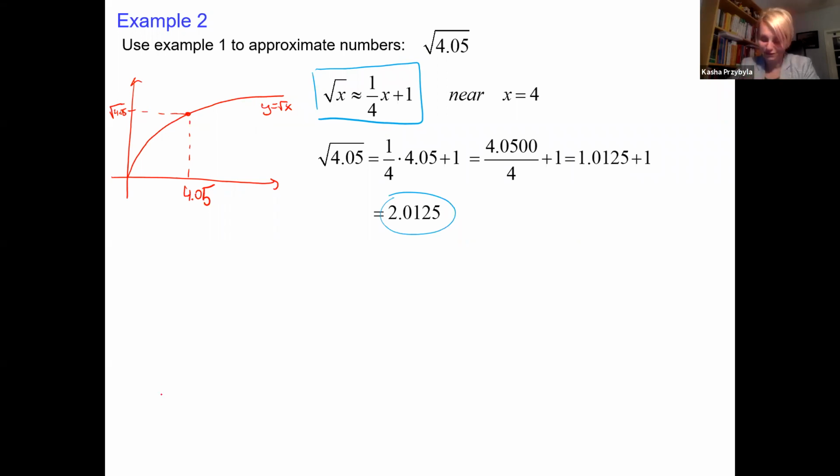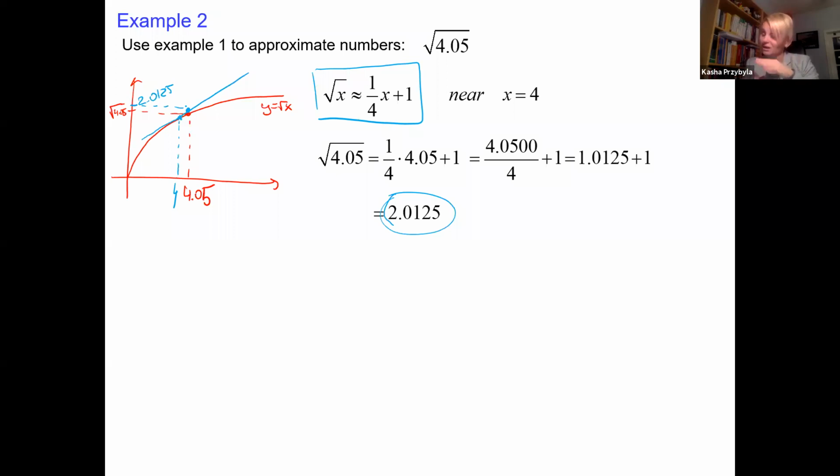Okay, I think everybody is perfectly correct because we can see this is my tangent line, the tangent line at 4. And this value is actually the blue dot. That means 2.0125 is the value on the tangent line.